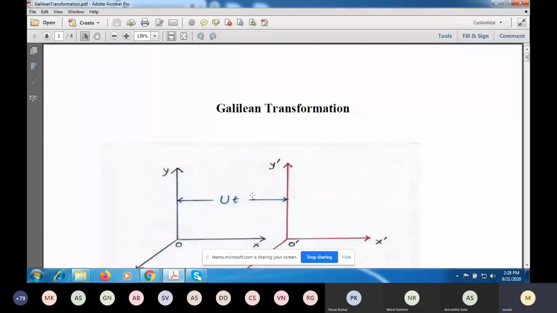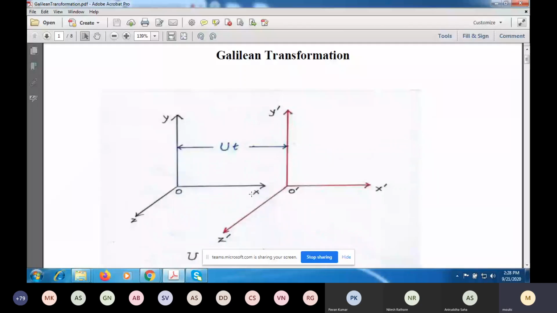So last time we introduced this Galilean transformation.